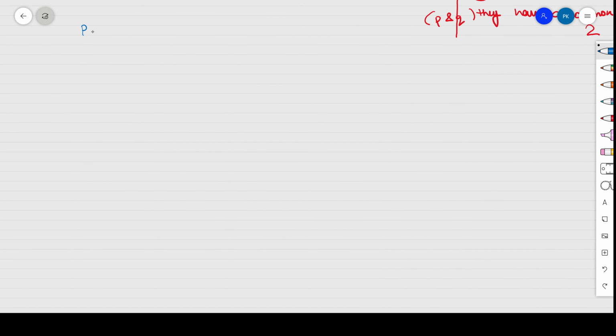Now let us prove that under root 5 is not a rational number. One way you can do with the long division method, and that is known to you. The other is the method of contradiction, which we are going to do now. So the same steps we are going to write. If possible, let under root 5 be a rational number.